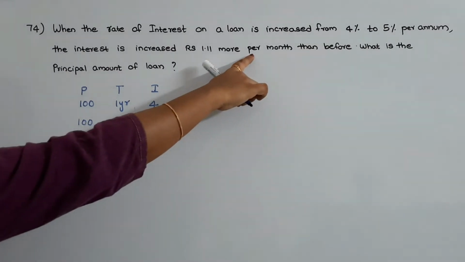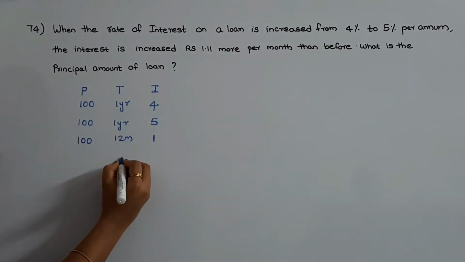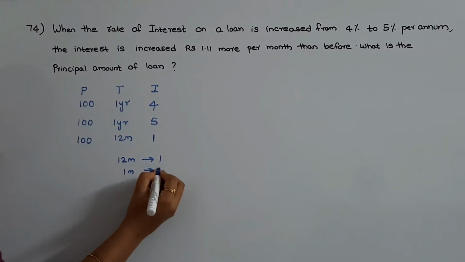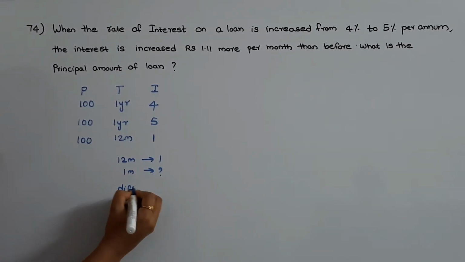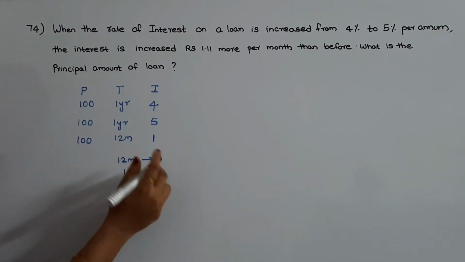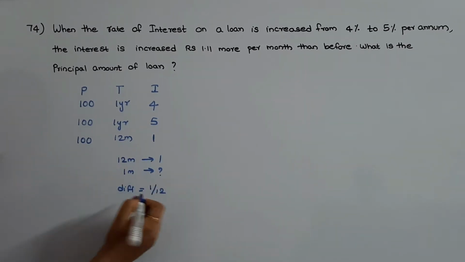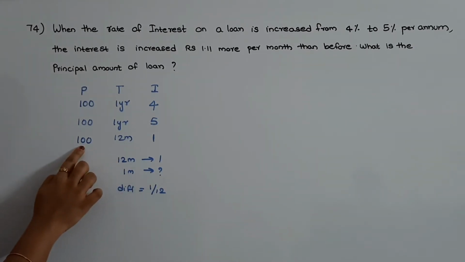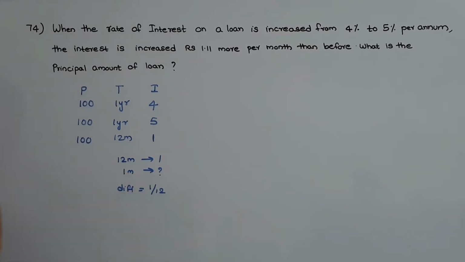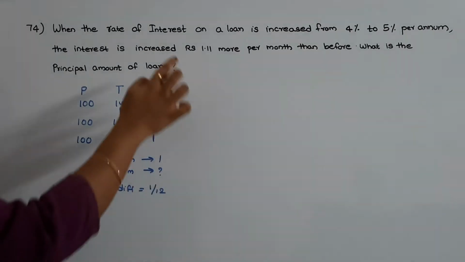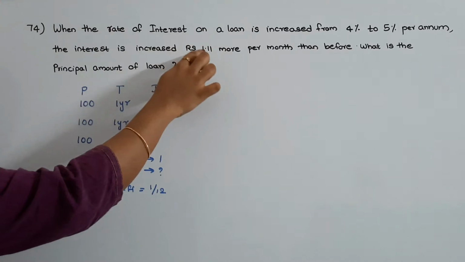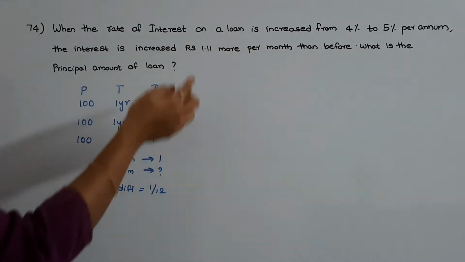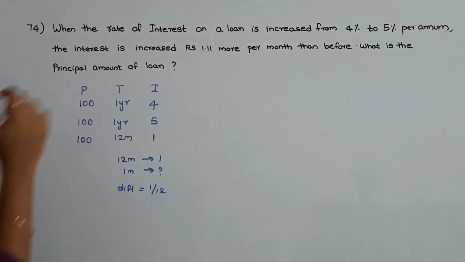But we need the difference for 1 month. For 12 months, if the difference is 1, then for 1 month what will be the difference? So, difference will be equal to, on cross multiplying you will get 1 into 1 by 12. So, 1 by 12 is the difference when the principal is 100 and the time period is 1 month. So, the difference in the interest is given in the question as 1.11 for 1 month. So, in that situation we need to find out the principal.